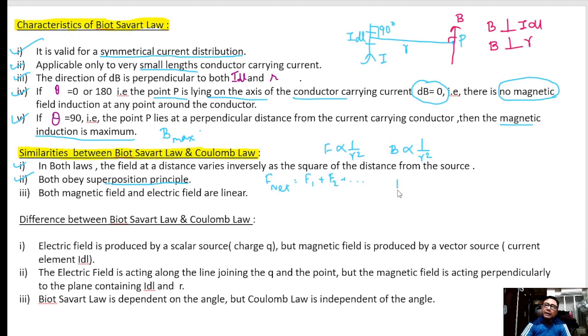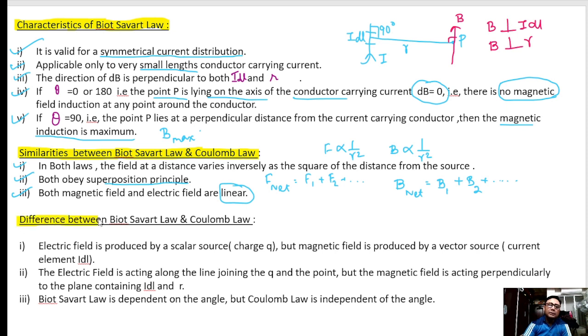Similarly, the net magnetic field should be the magnetic field due to the first current, suppose there are many currents flowing, then the second current, and in this way. So this is called the superposition principle. Both magnetic field and electric field are linear. Please watch here, they are linear. So these were the similarities.